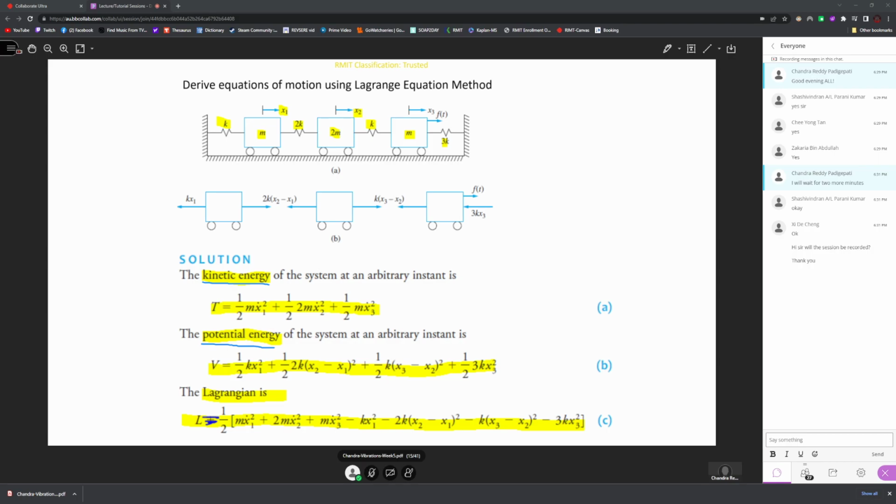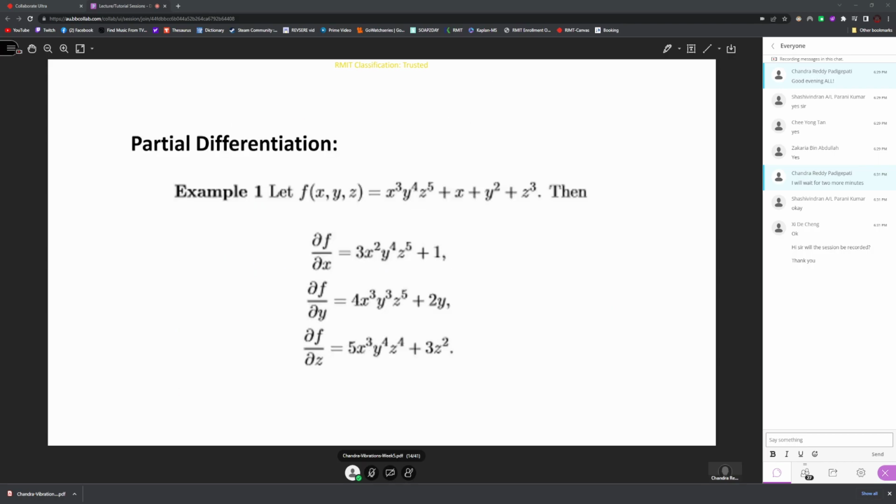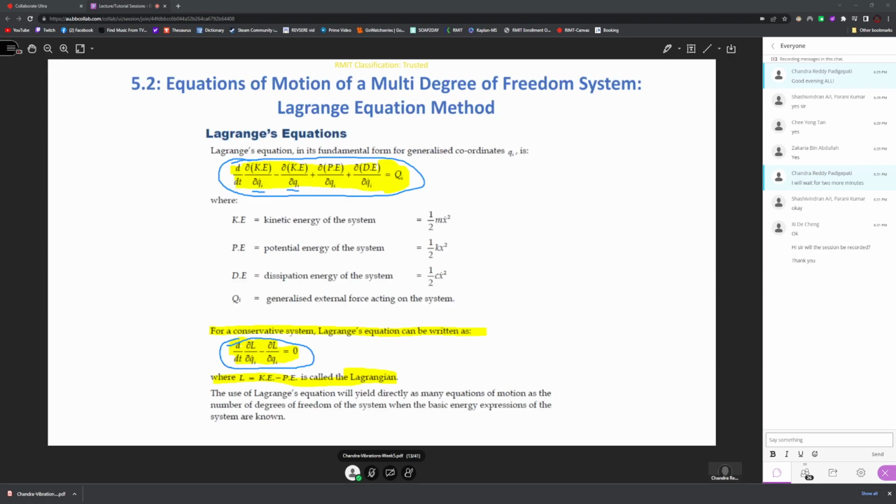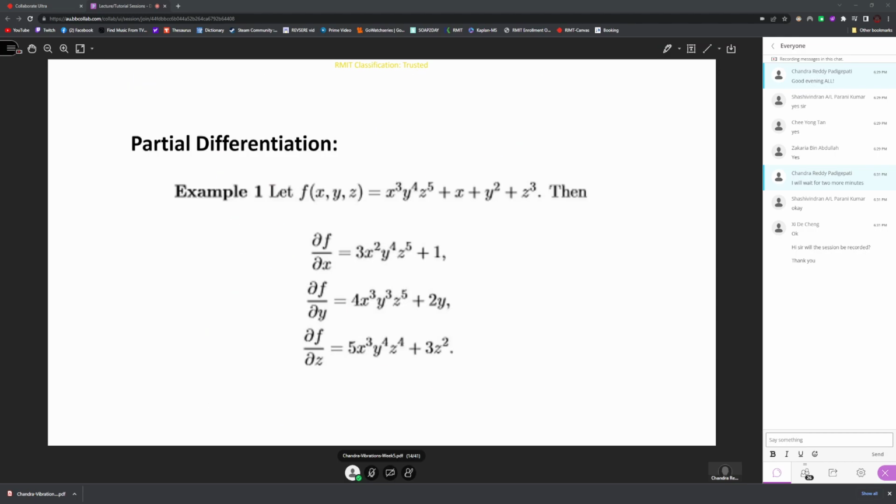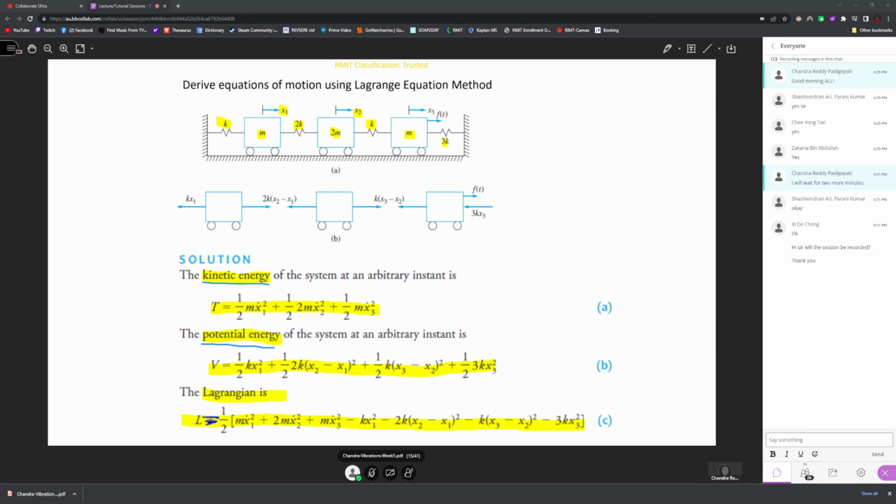So the Lagrangian L is equal to the kinetic energy minus the potential energy, so total KE minus total PE. Therefore, we get the Lagrangian here.